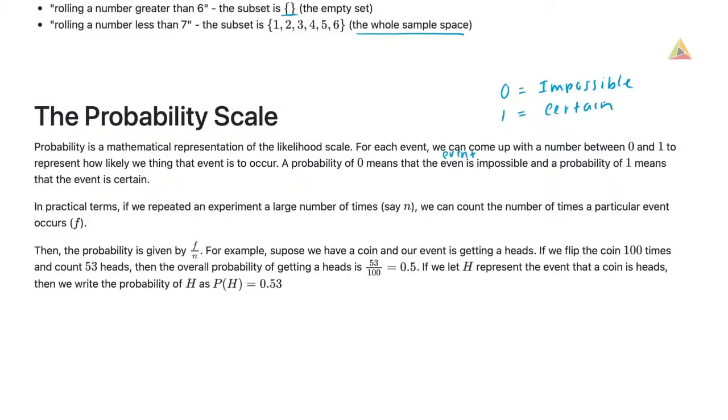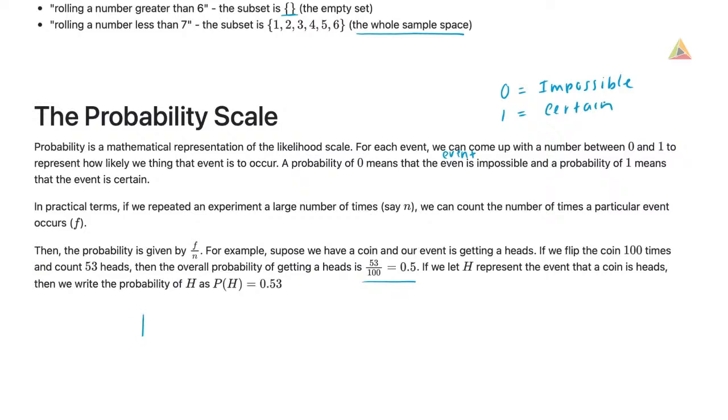For example, suppose we have a coin and our event is getting a heads. If we flip the coin 100 times and count 53 heads, the overall probability of getting a heads is 53 out of 100, and that's 0.53. If we let h represent the event that a coin is heads, then we write the probability of h as P(h) is equal to 0.53.